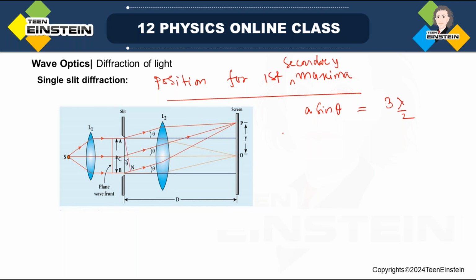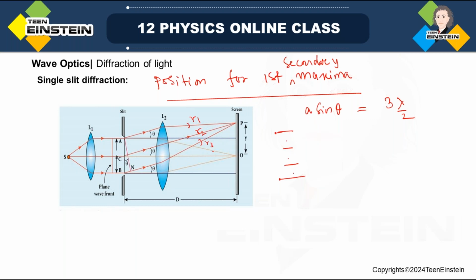To analyze that, let me just divide the slit into 3 equal parts. Like this, so this is the first part, second part, third part. What we have seen, for the extreme two parts, the path difference is 3 lambda by 2, between these two rays, this is R1, this is R3, and this is R2.